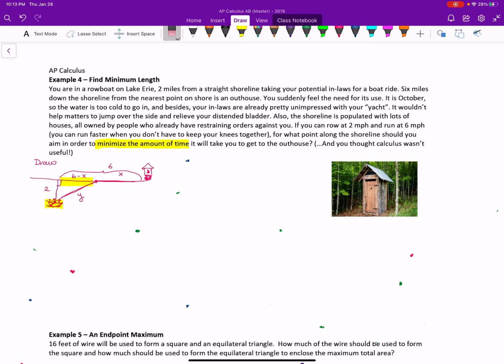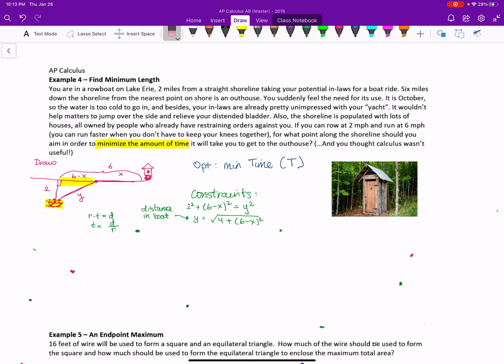So let's figure out what we're optimizing, which is actually time here. And those things that I drew are distances. So this is where the constraints actually come in and are pretty important, because I have to find first the distance that I'm traveling in the boat, which is y.